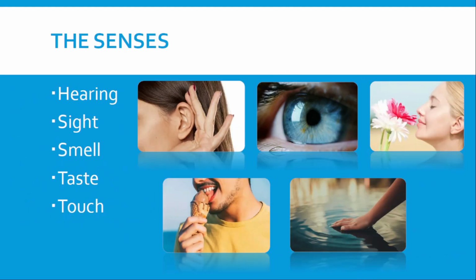So the next step is about the senses. They are vocabulary that we have to remember. The first sense we discussed is represented by this picture. We say hearing. So if you have the opportunity to pause this video, just repeat after me.